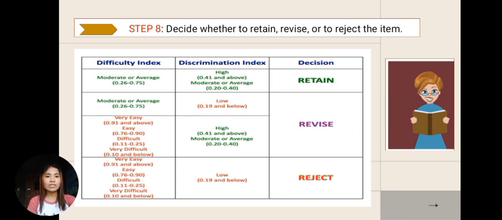When it is very easy, difficult, or very difficult in the difficulty index, and the discrimination index is high or moderate, we also need to revise the item. And lastly, if the difficulty index is easy, difficult, or very difficult, whereas the discrimination index is also low, we need to reject the item.